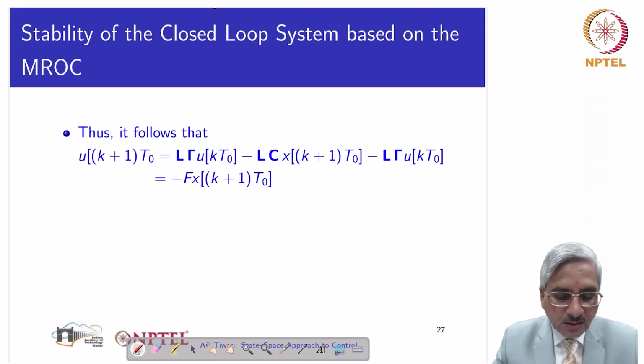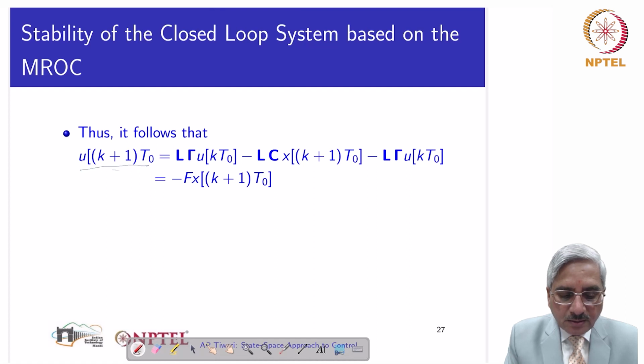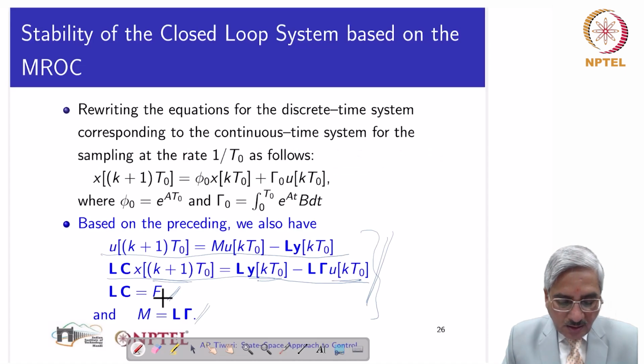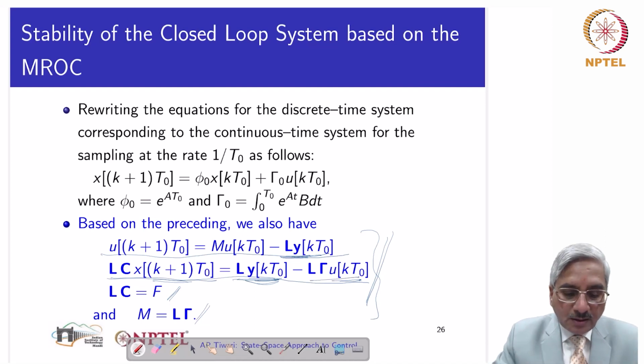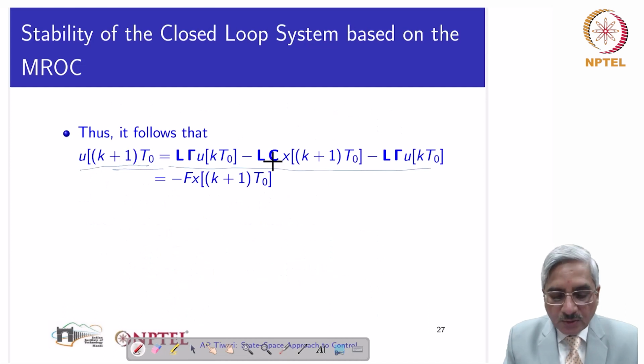Now what we do is, because this Ly is there, we can substitute Ly in terms of this and this in the equation for the input, and so we get these three terms. Two of them will cancel, and what will be left is this, and of course we know that LC is F. So u(k+1)T0 becomes minus F times this.